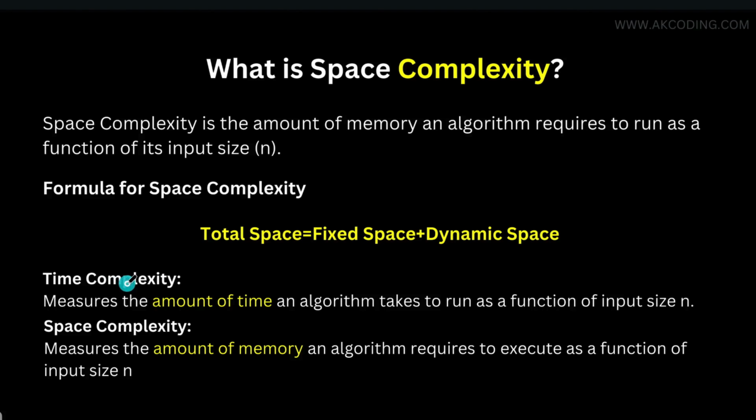What is the difference between time complexity and space complexity? Well, the measure of the amount of time an algorithm takes to run as a function of input size n is called time complexity, meaning it is basically to calculate the time of an algorithm, whereas measuring the amount of memory an algorithm requires to execute as a function of input size n is called space complexity, meaning how much memory is required to execute a program.